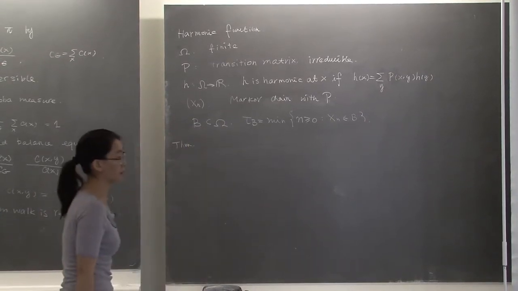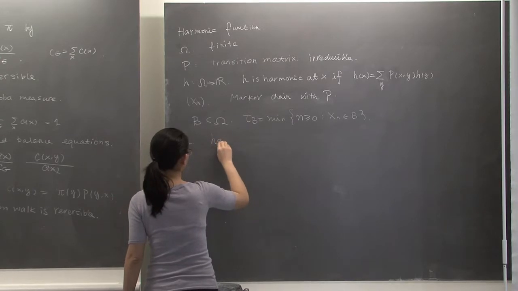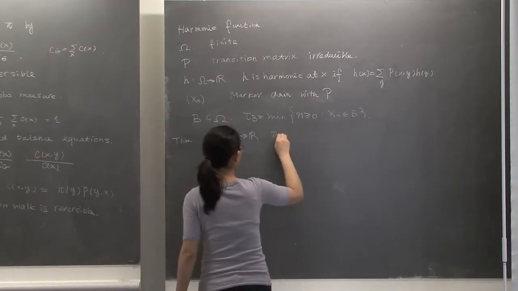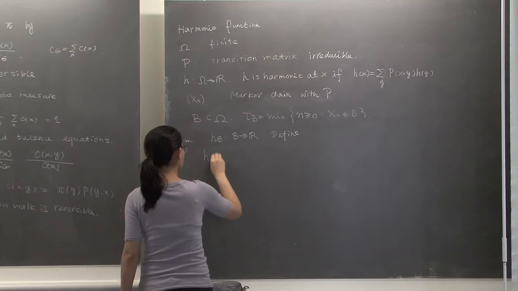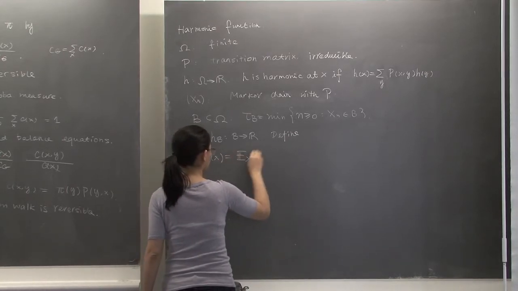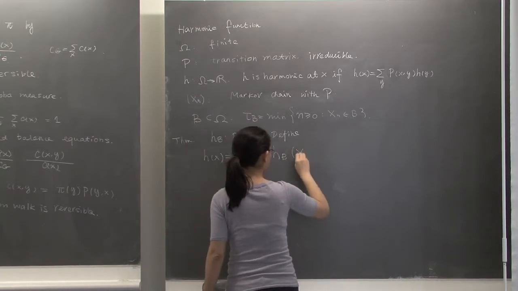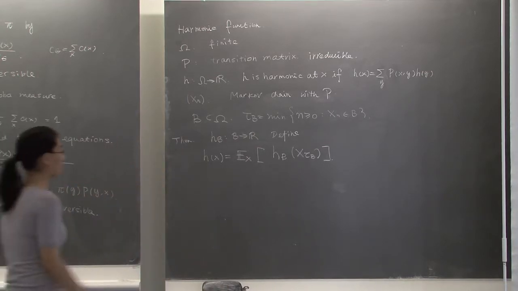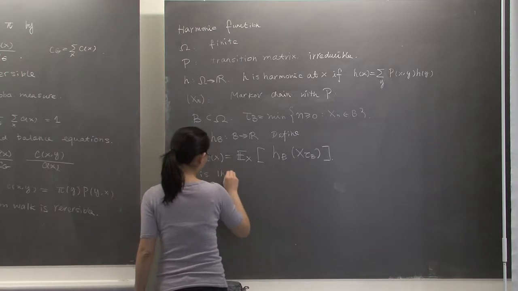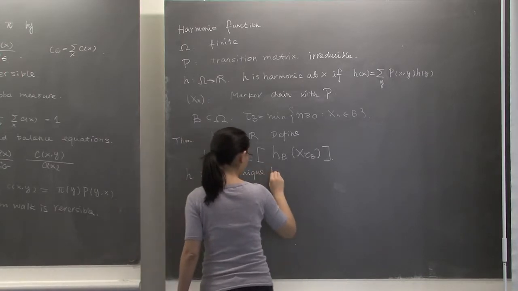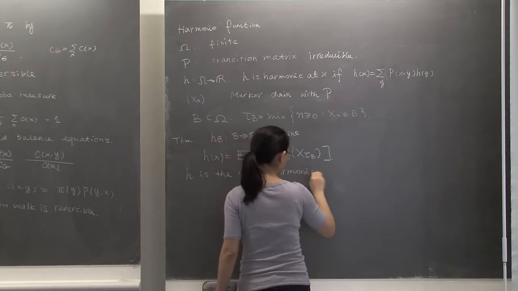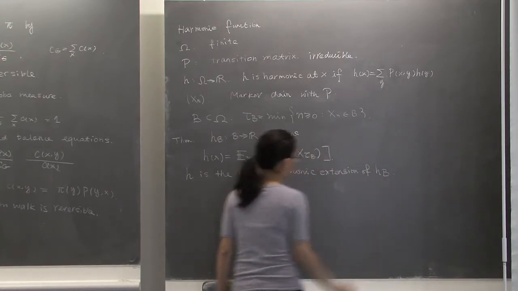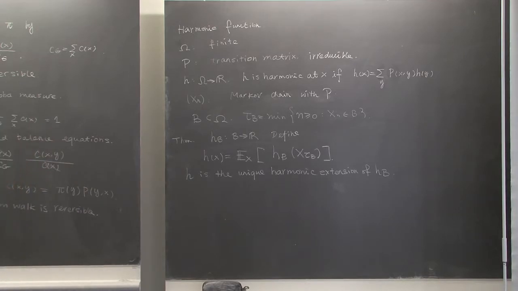And then the conclusion about harmonic functions is: we fix a function HB defined on the subset B. And then we define a function hx in this way, and this function h is the unique harmonic extension of HB.